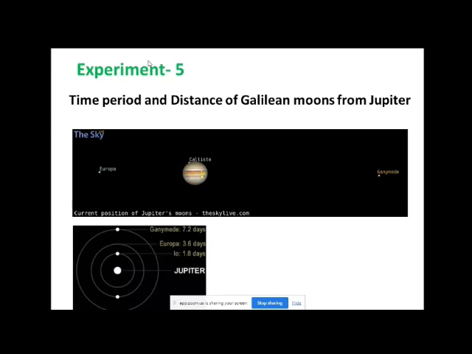At the extreme left position you take the time and date, and observing day by day, we wait for Europa to reach the extreme right, and take the time and date for Europa at the extreme right side. So I think this should be 180 degrees, or half of the journey of Europa.